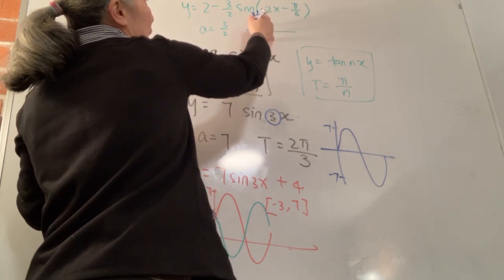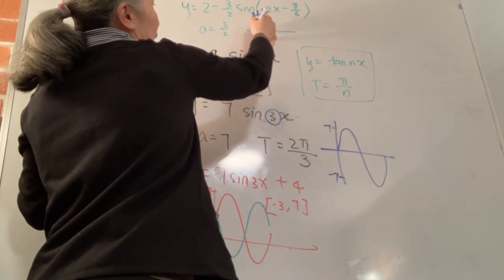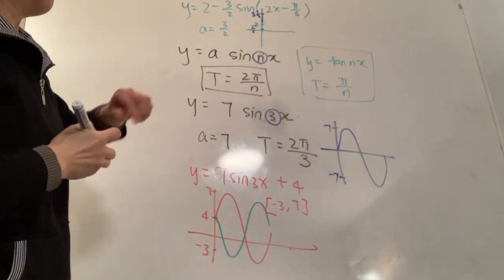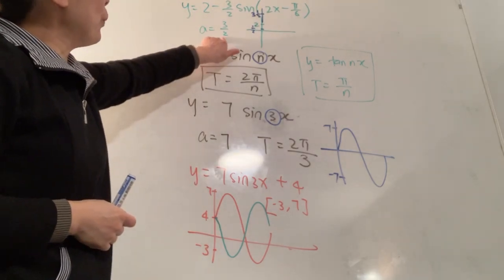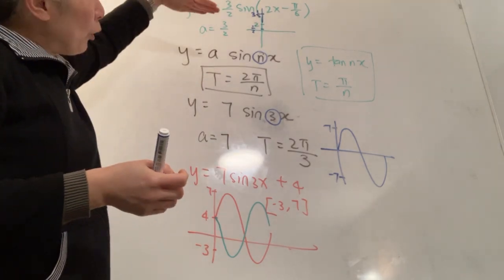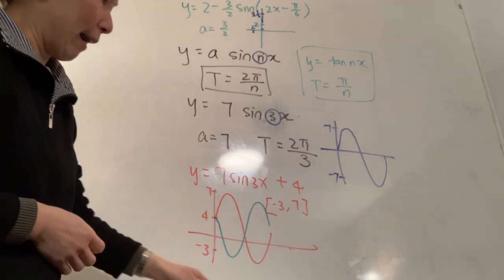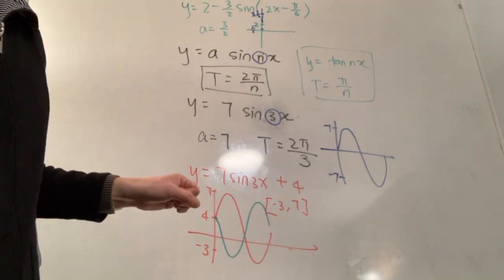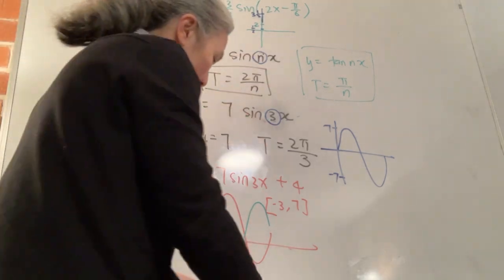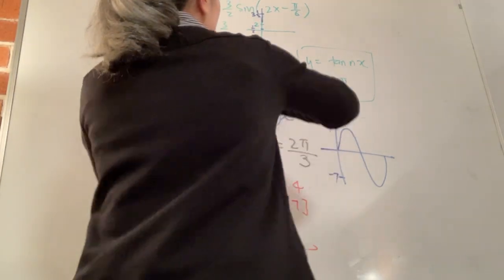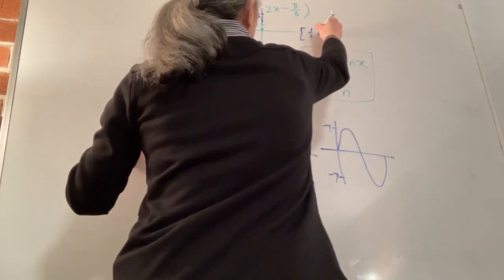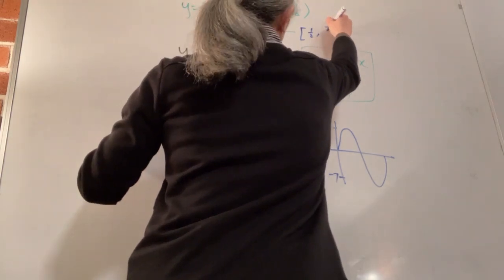The amplitude is 3 on 2, which is 1.5. So from 2 you go up by 1.5, from 2 you go down by 1.5. And then the range for this question is going to go from a half to 7 on 2.